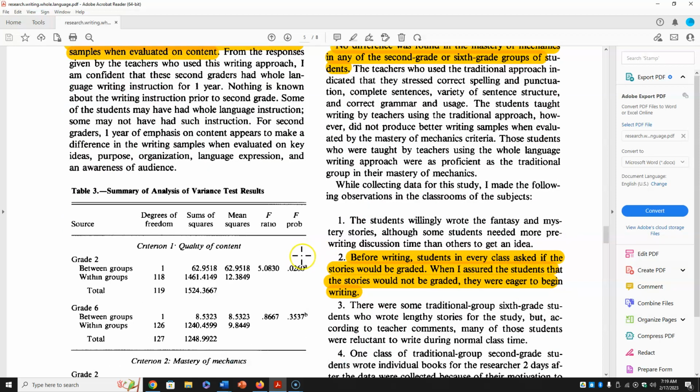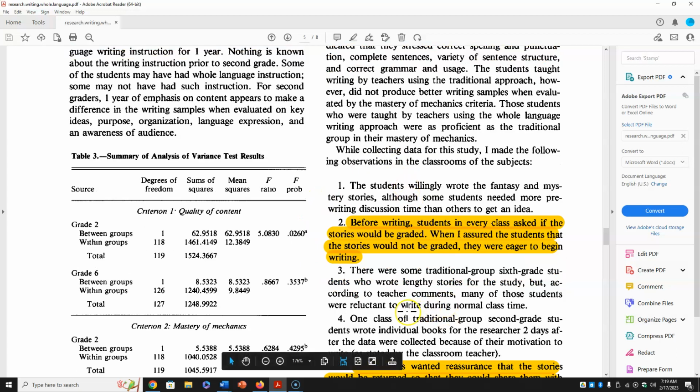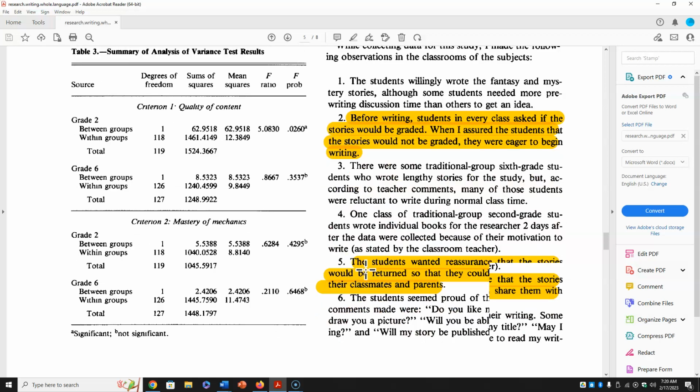Okay, good. Now, in this discussion, here's stuff you don't get if you only focus on the numbers, and this is interesting stuff. Before writing, students in every class asked if the stories would be graded. When I assured the students that the stories would not, they were eager to begin the writing. And this is the writing sample.